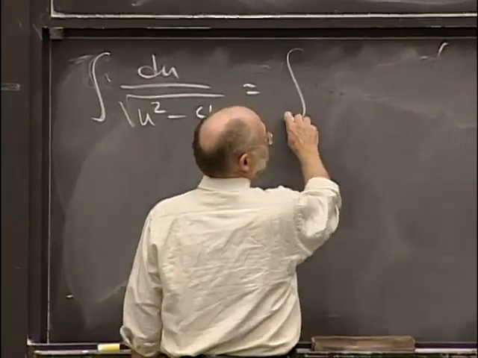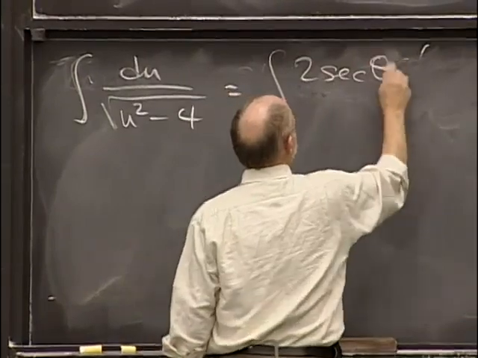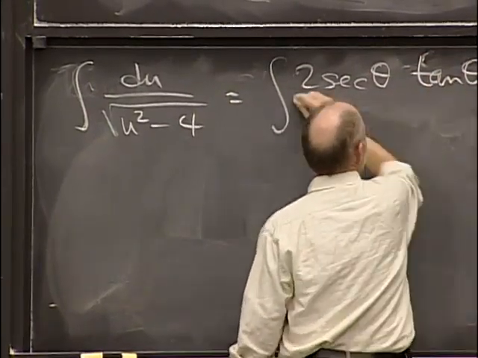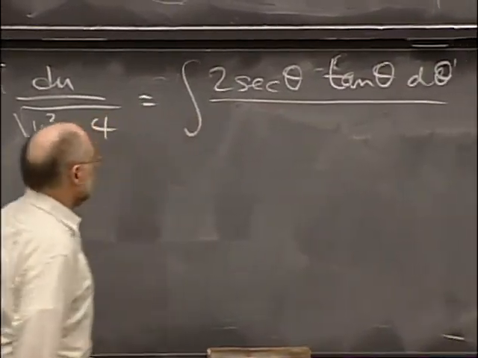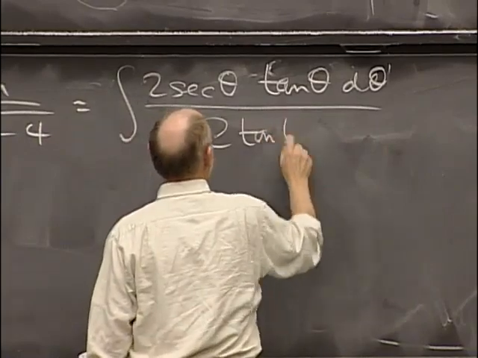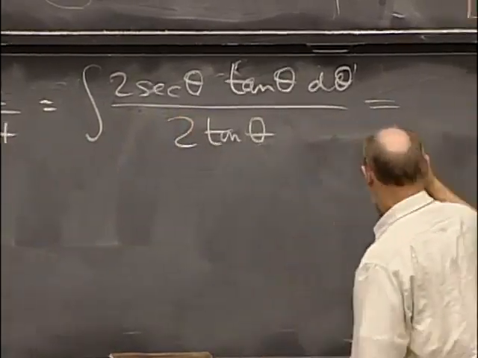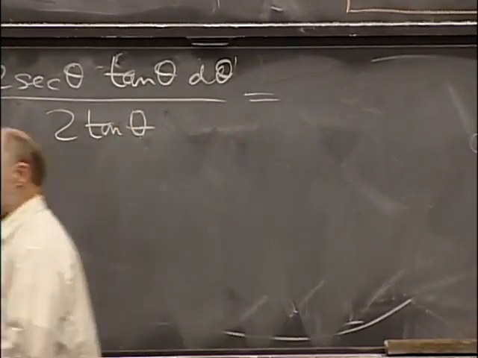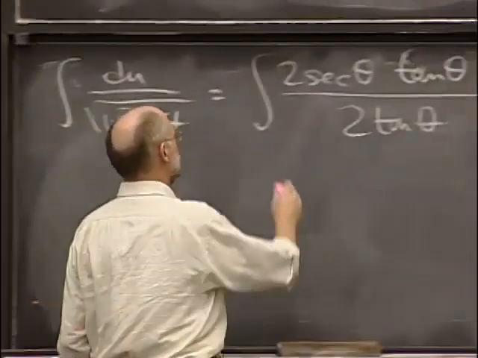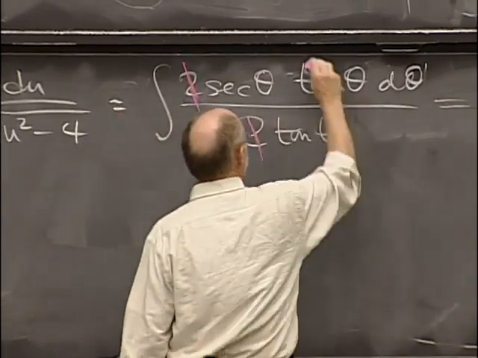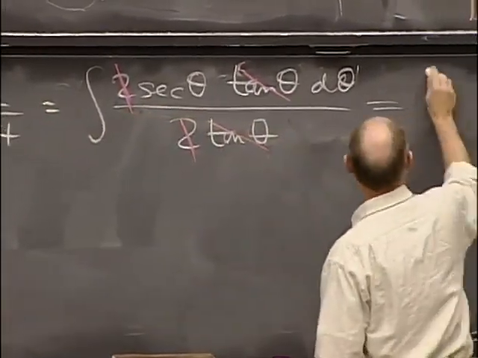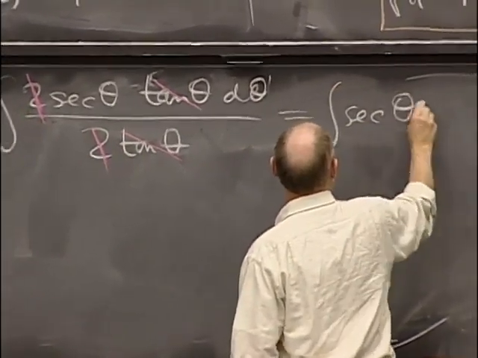So du is 2 secant theta tangent theta d theta, and the denominator is twice the tangent of theta. Ha! Well, some very nice simplification happens here. The 2's cancel, and the tangents cancel, and I'm left with trying to work with the integral of the secant of theta d theta.